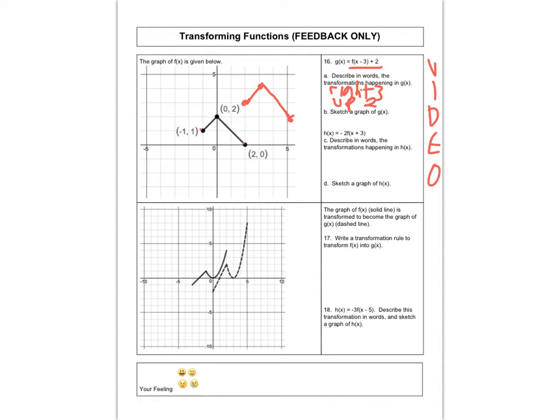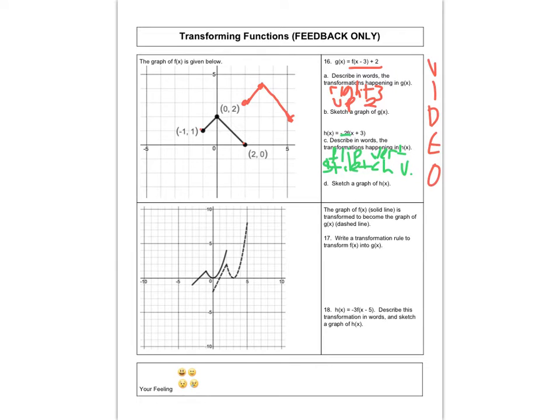So this is, for h of x, we've got negative 2 times the whole thing. So it's going to be a flip vertically. It's going to multiply the heights by 2. It's going to be a vertical stretch.